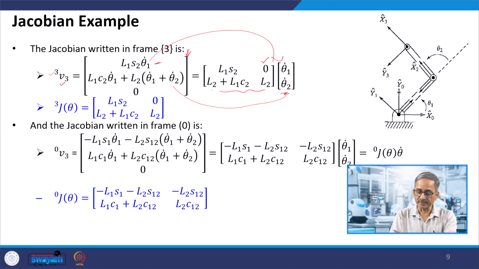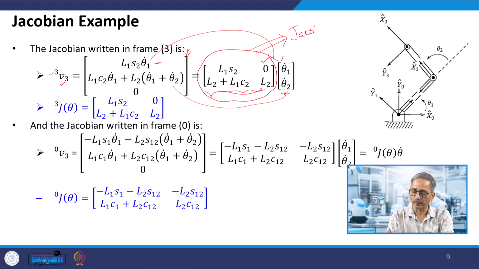So, this matrix is what we call the Jacobian, right. Since I am expressing this velocity of the frame 3 origin with respect to frame 3, I call this Jacobian expressed in terms of frame 3, right. So this is how this can be written.